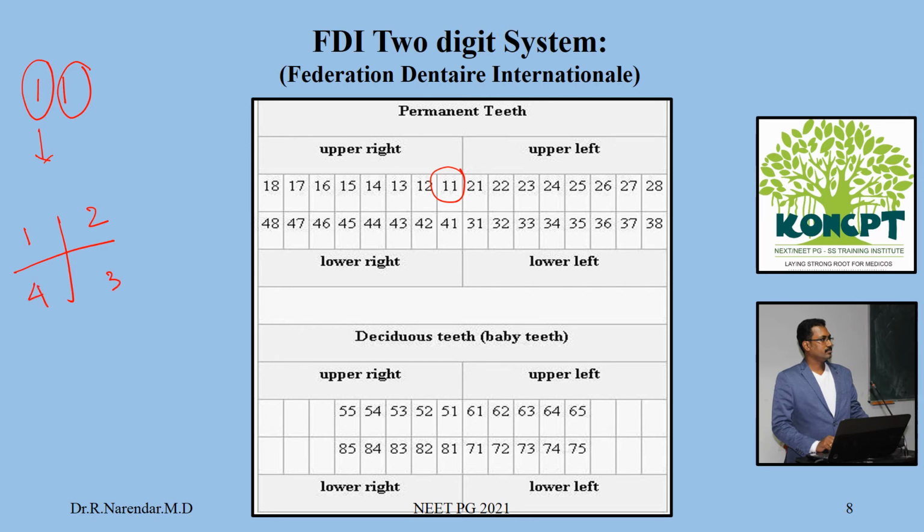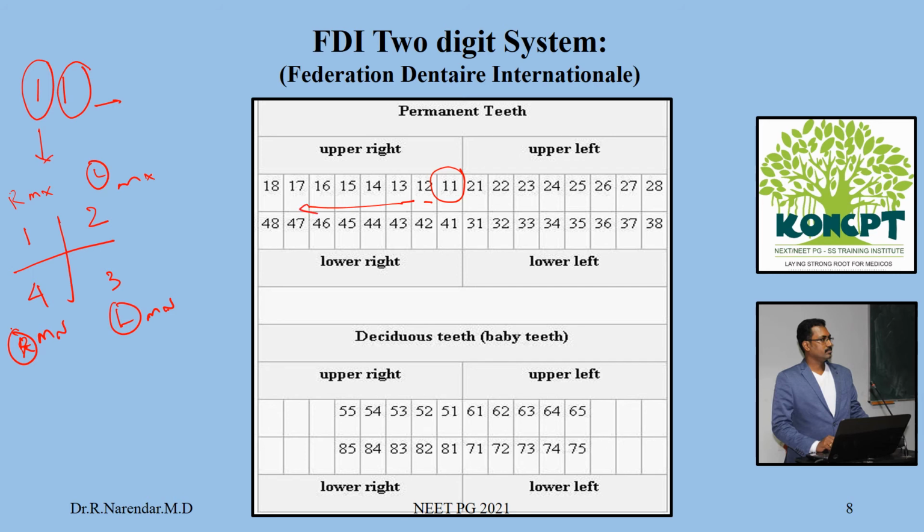This is right maxillary, this is left maxillary, this is left mandibular, and this is right mandibular. The 1 denotes the central incisor, and then this is the lateral incisor for the second, canine for the third, and goes on like this.